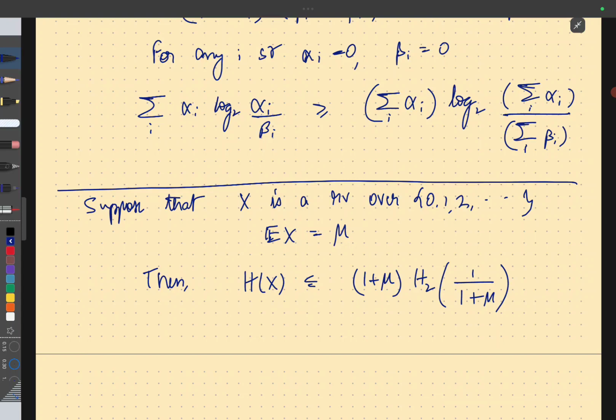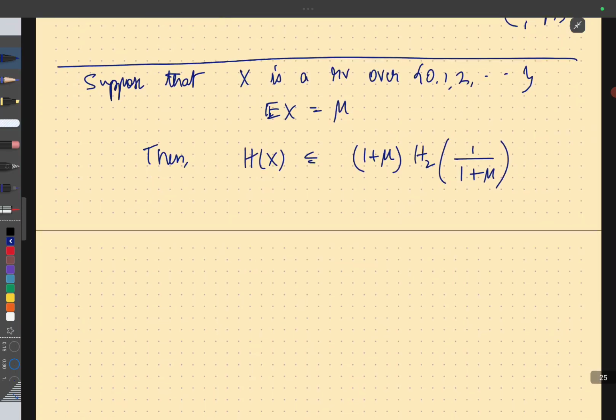All right. So now that we have this, what I want to do is use this to prove the lower bound that we had on the expected length of the optimal code.